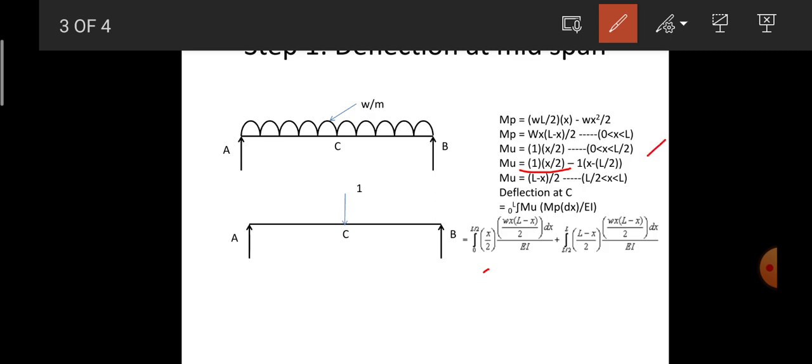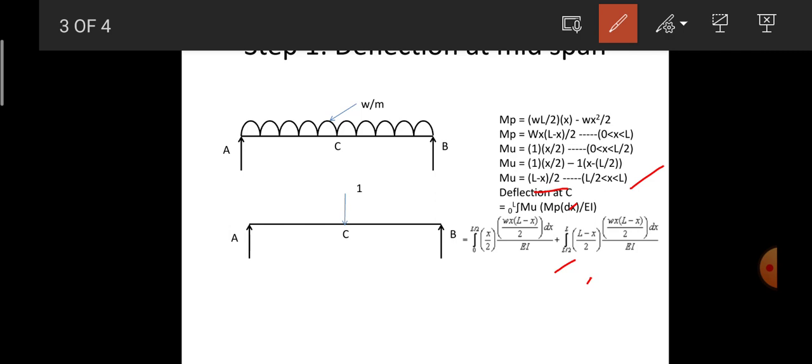The next step is mu into MP. If we multiply this by the value of MP within the limit 0 to L by 2, I'll get the overall expression as this one. Next I need to integrate between L by 2 to L, where this is the overall value I have got for mu.